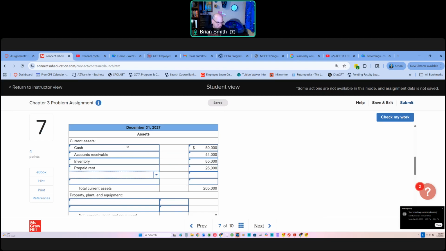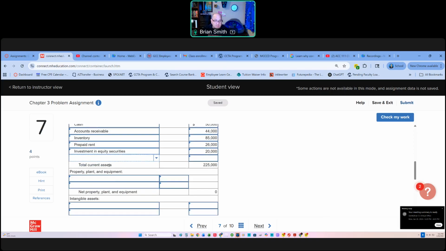Then it says investment in equity security, short term. So we're going to put that as 20,000. And I'm looking there. I think we are done with the current assets. So there's our current assets. Property, plant, and equipment: we're looking for machinery. That's one of them. And machinery is 195,000.